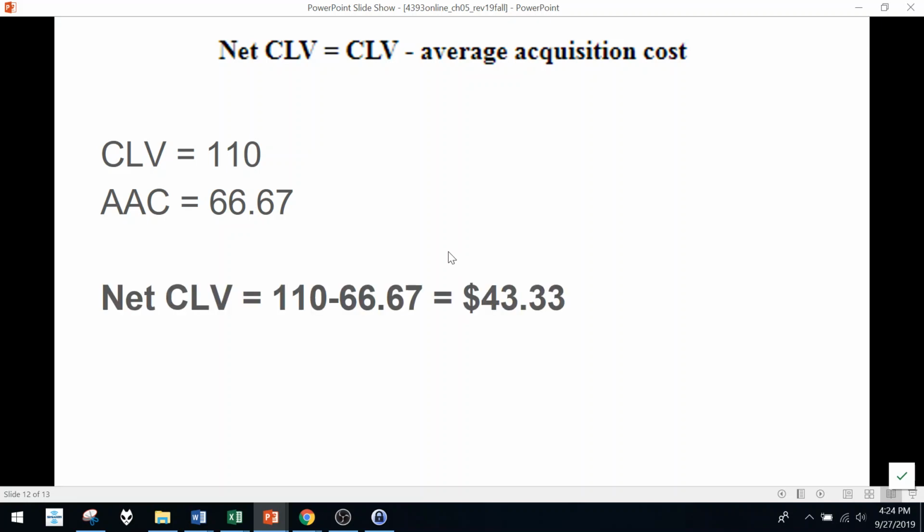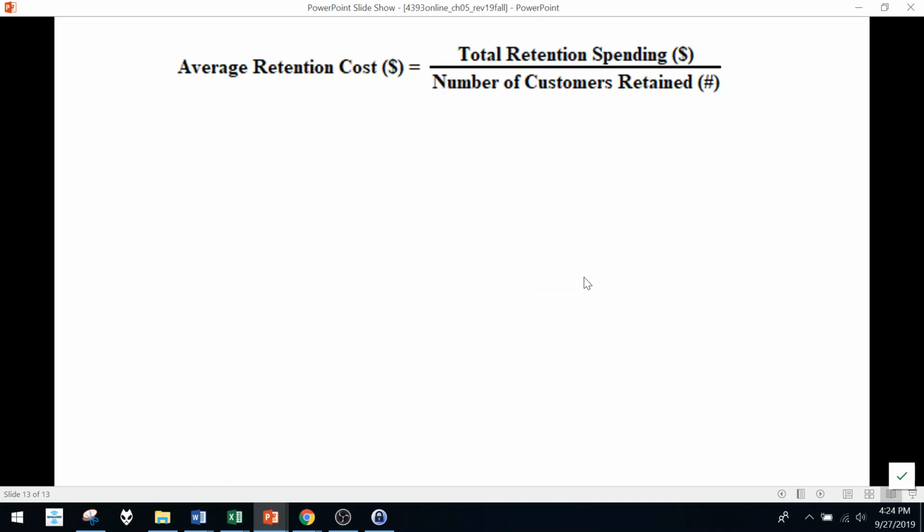So our net CLV, very simple calculation, is 110 minus 66.67. Once you eliminate the acquisition costs, you're left with 43.33. Some companies don't calculate prospecting or acquisition costs as part of CLV because it makes the number much lower, but in essence, it probably makes sense to keep it.